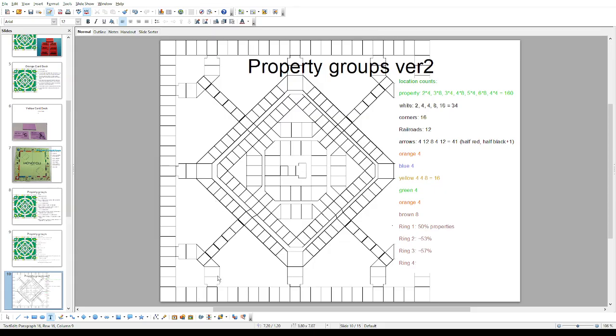Okay, so each of these subrings is currently planned to have 4 spaces that are color group properties. So you have this here, which is, of course, where the spoke attaches and thus not going to be a color group. One of these is going to be a stock market space.